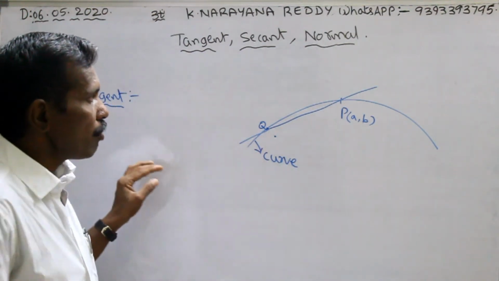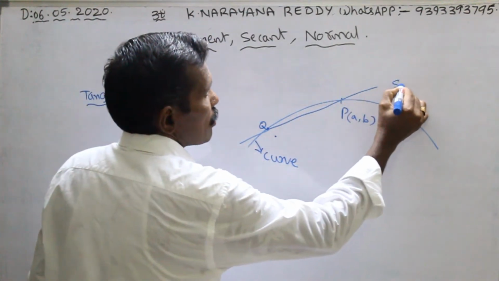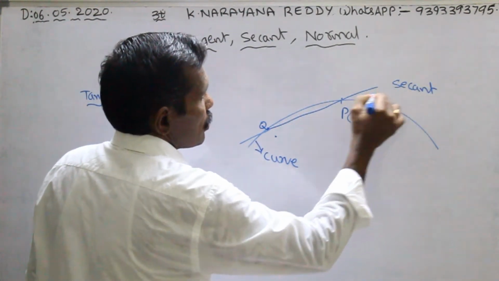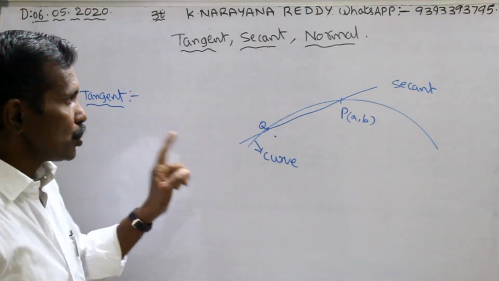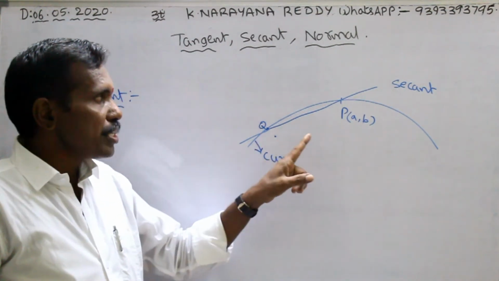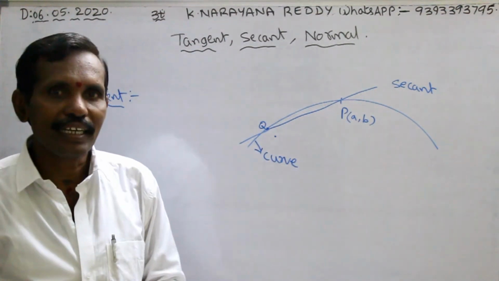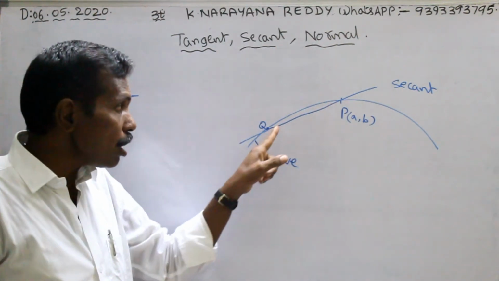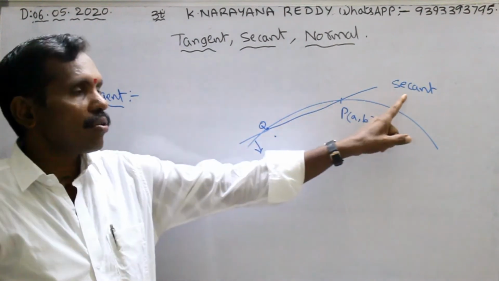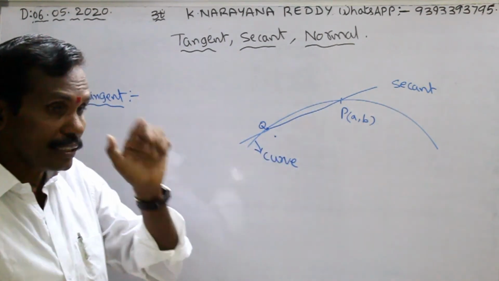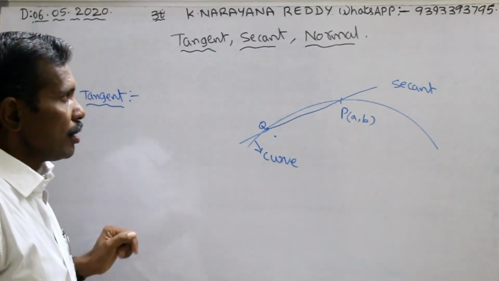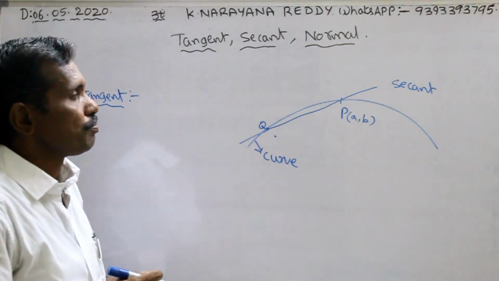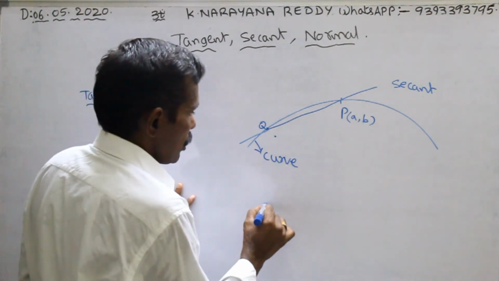So this is called what? This is called a secant. Joining the points P and Q is called a secant, which goes through P and also Q. This type of line is called a secant. But what is a tangent? Please observe carefully. Take another curve, the same curve.